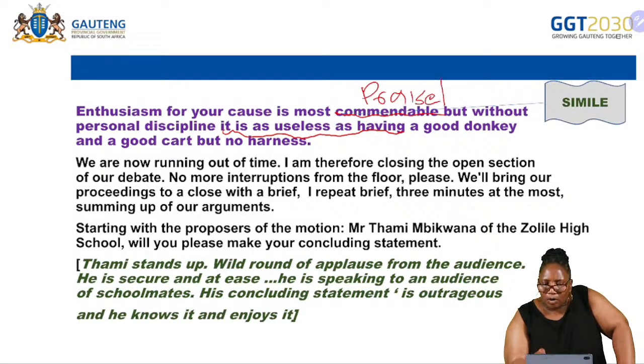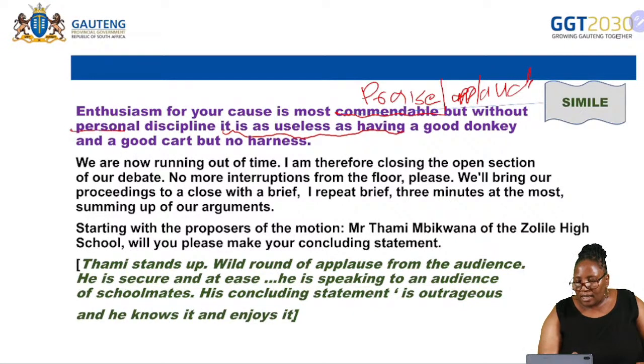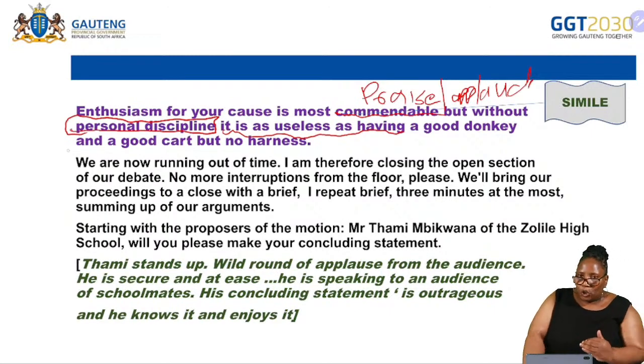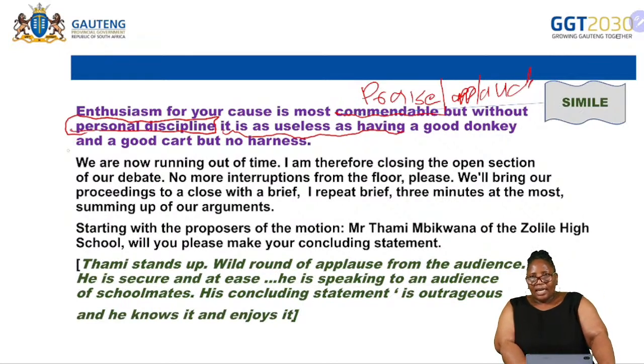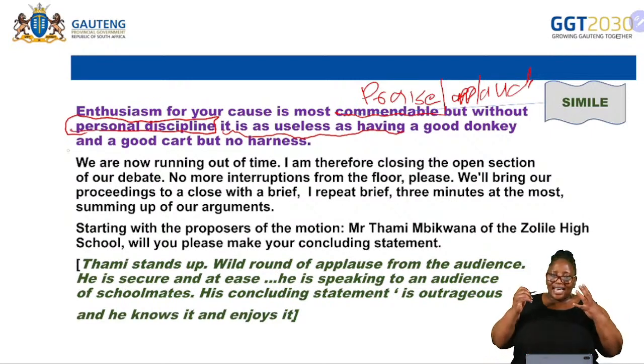He applauds them for doing that. But on the contrary, he says, however, there should be personal discipline. They should exercise some maturity and discipline. And he compares their enthusiasm to what?